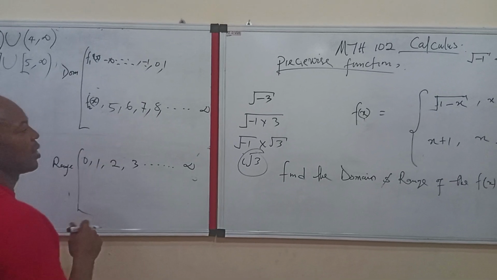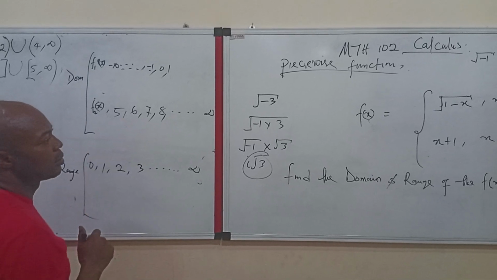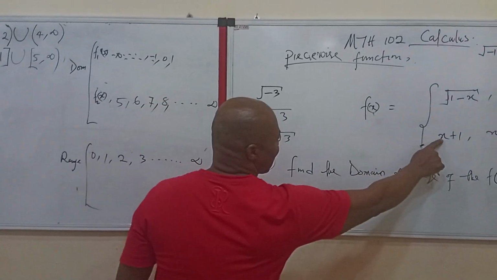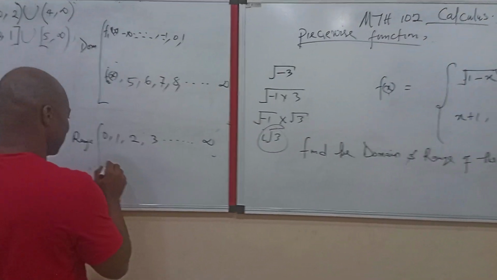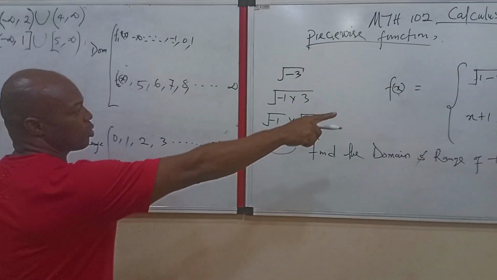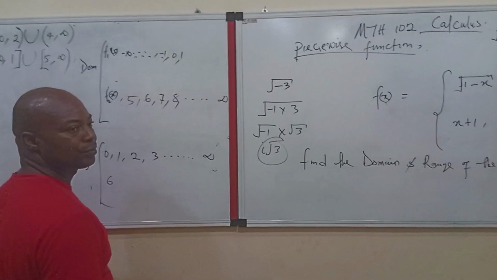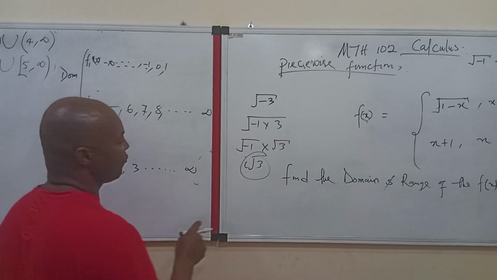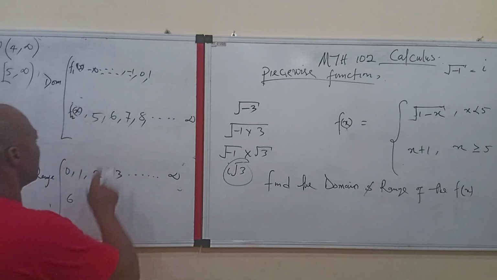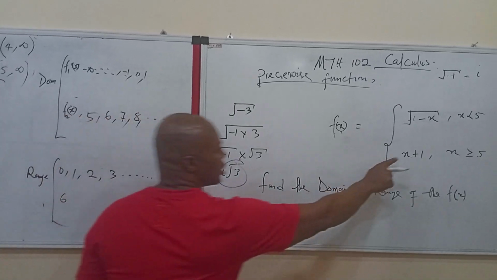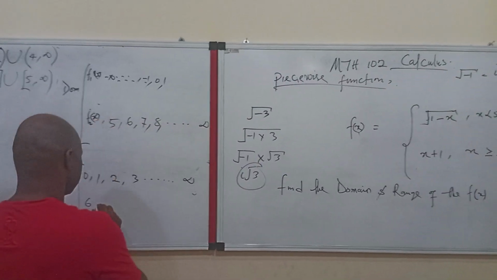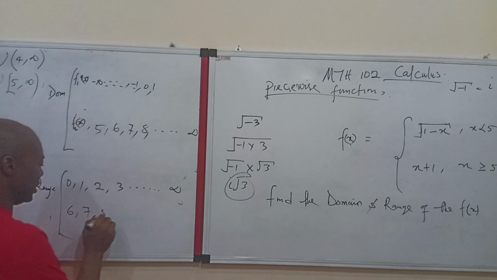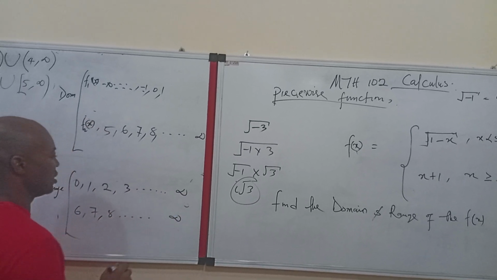If you come this side, if 5 enter here, you go see say the answer wey you bring out na 6, because 5 plus 1 will give us 6. Now if you put 6 into this place, you go come get 7. If you put 7, you go come get 8. Now so you go still go till infinity.